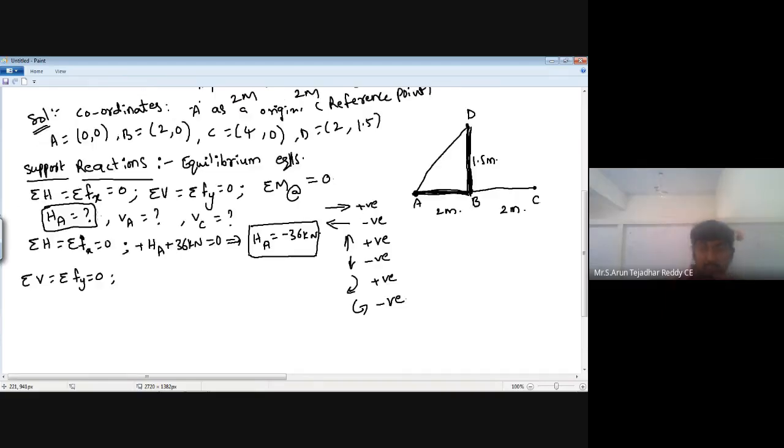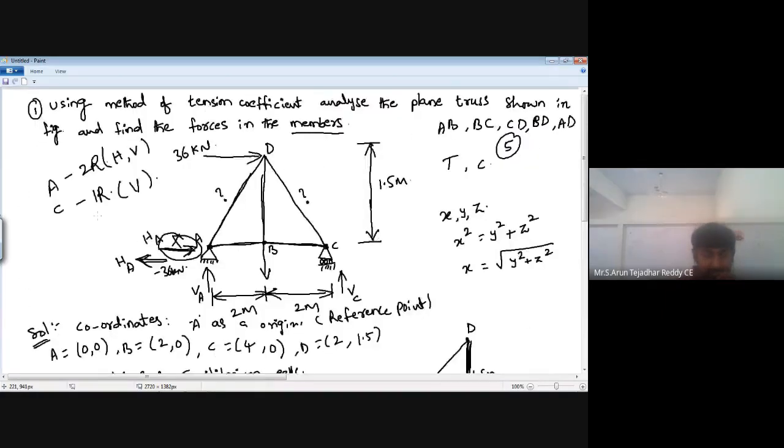Observe in this diagram how many vertical forces are acting here. That is VA is a vertical force. Here one load is acting, that is 54 kilonewton given in this problem, and VC is another vertical reaction. Totally three forces are there: VA, 54, VC, and VA, VC both are going upward direction. 54 kilonewton is acting downward.